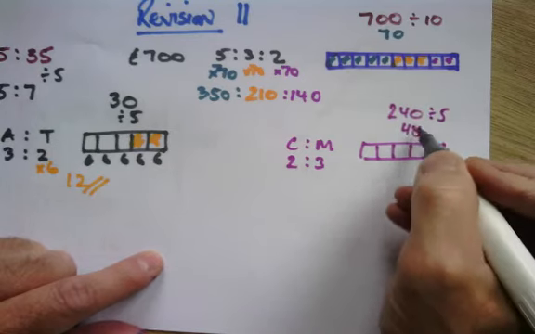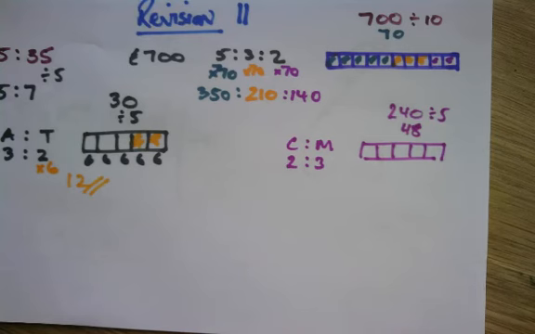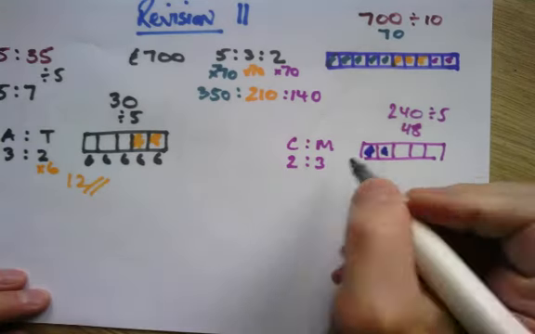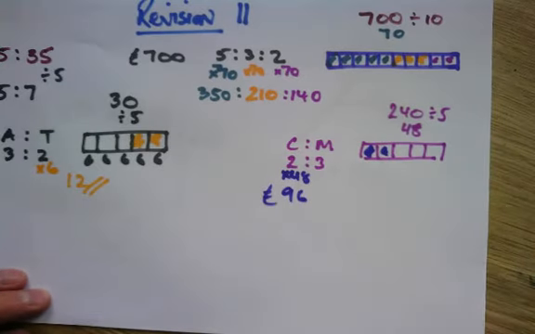Share that by 5 is 48. So each of these are worth 48. And the question is, how much money does Chris receive? All right, Chris is the first one. Chris gets 2 parts. So therefore, 2 lots of 48, £96. And then it says, how much money did they win in the competition?